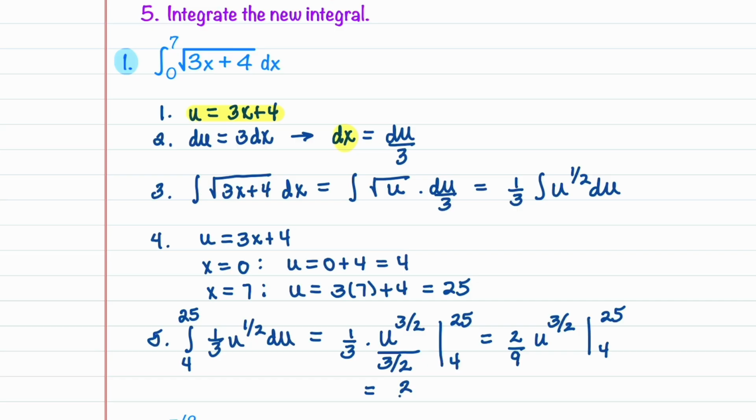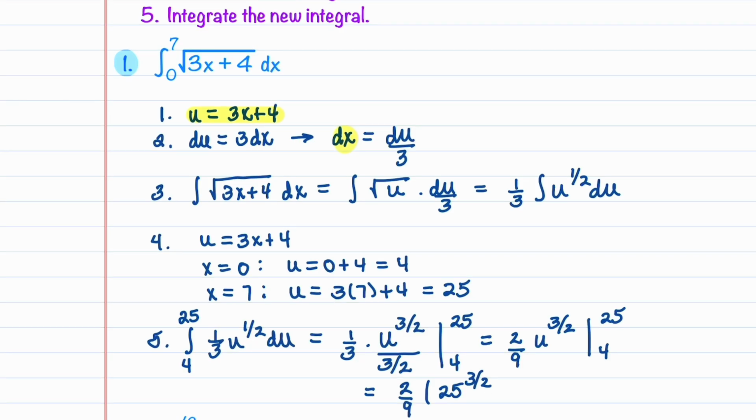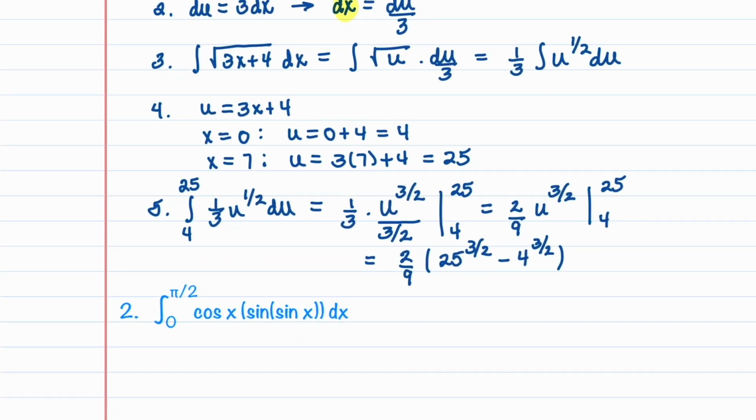This gives us 2 over 9 times 25 to the 3/2 minus u evaluated at our lower limit, which is 4, so this is 4 to the 3/2. Let's see what this gives us. This is 2/9. 25 to the 1/2 is just the square root of 25, which is 5. So we have 5 cubed minus the square root of 4, which is 2, and that gives us 2 cubed.